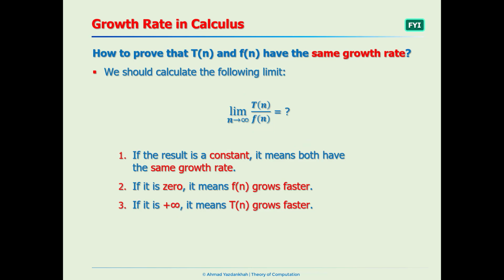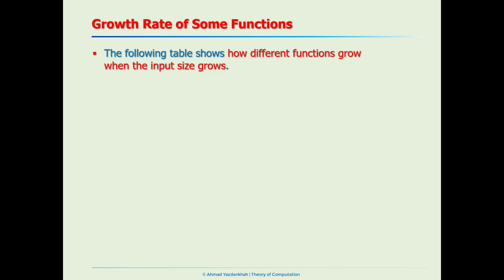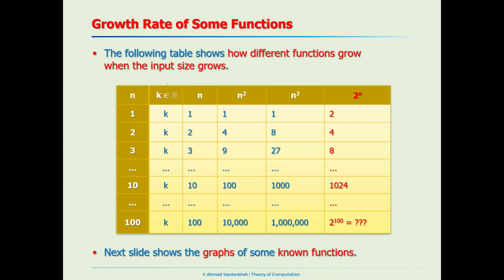Okay, I put together some known functions' growth rates in this table. Constant function, n square, n cube, and 2 to the n. And here is the input size. Let's focus on this: when the size is 100, if it is a constant, it is always constant.